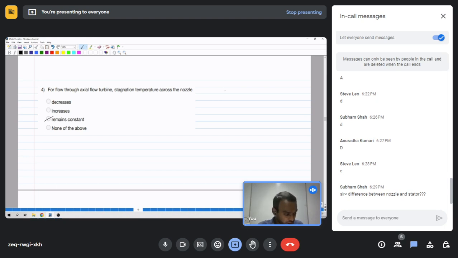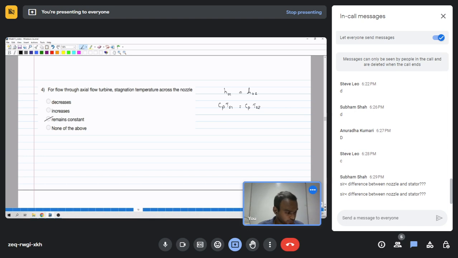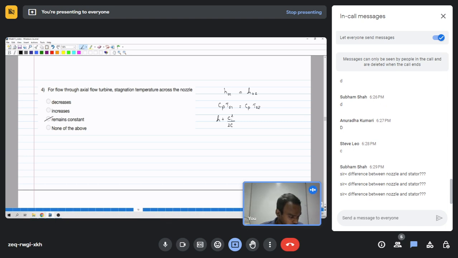Maybe you can write like this, H01, stagnation enthalpy, equal to H02. So this is Cp T01 equal to Cp T02, and only the H plus C1 square by 2 Cp, so H2 plus C2 square by 2 Cp.